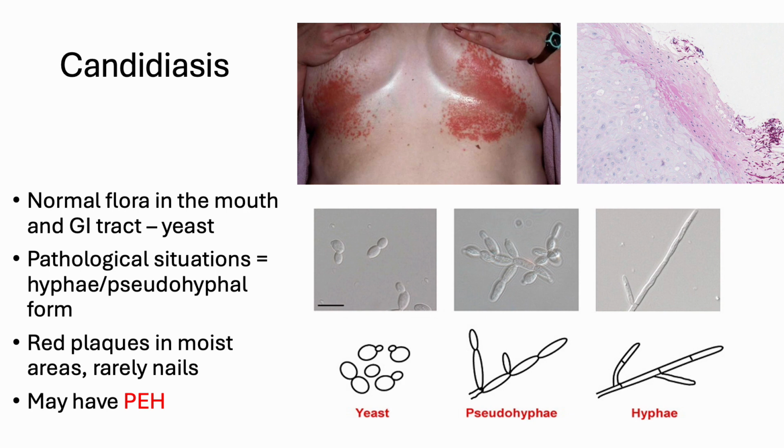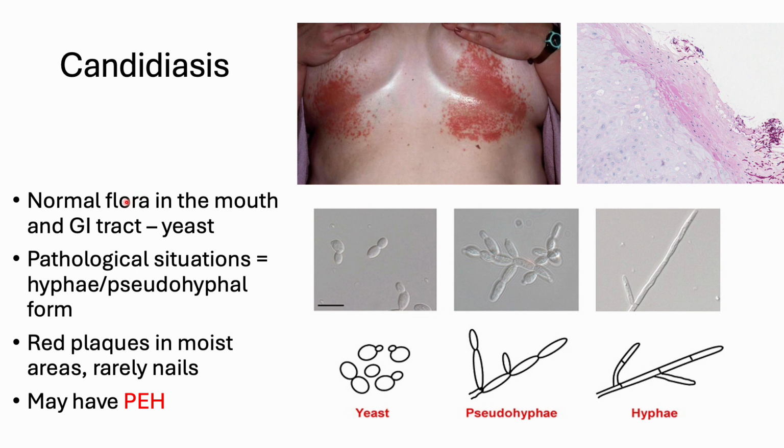Let's move on to candidiasis. This is also a superficial fungal infection caused by Candida. You can see in the intertriginous area, such as under the bilateral breast, there is a very red irritated erythema. When we biopsy them and use the PAS stain, we can see there are a lot of pseudohyphae or some hyphae form of the Candida.